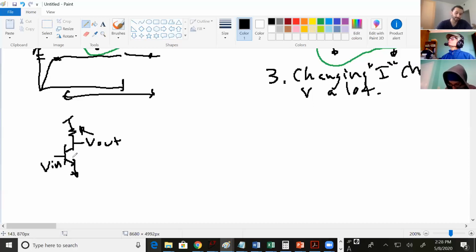Current gets thrown across the resistor, and that makes V out move. So whatever current's going through there, V out actually equals VCC in this case, since it's a BJT, minus your I times your R. And if you change the current and this resistor is big, that's going to change your V out voltage a lot, and you'll have big gain.